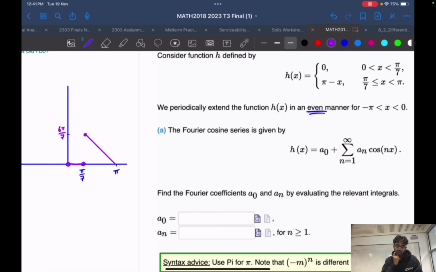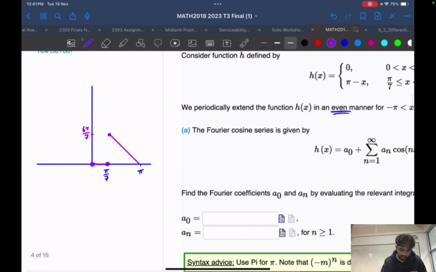Okay, and now if I want to extend this evenly for minus pi to 0, because it's an even function, or we're reflecting it in an even manner, you can just reflect it across the y-axis. If it was an odd manner, then you'd have to rotate it by 180 degrees, right? But since we're doing it for an even manner, you're going to have to reflect it across the y-axis. So for example, this is what it'll look like.